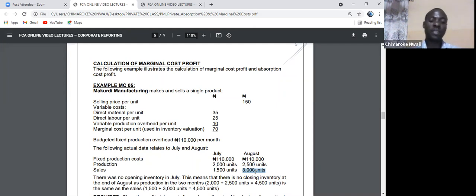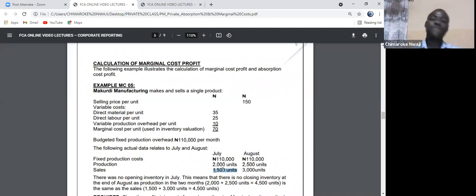Now, what does it mean? It means that for July, we may have a closing stock. How do we know? If you look at it seriously, we produced 2,000 units in July, but we were able to sell only 1,500 units. It means that 500 that was produced was not sold. That's your closing stock for July.